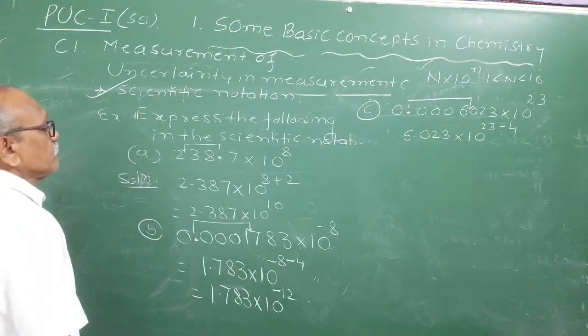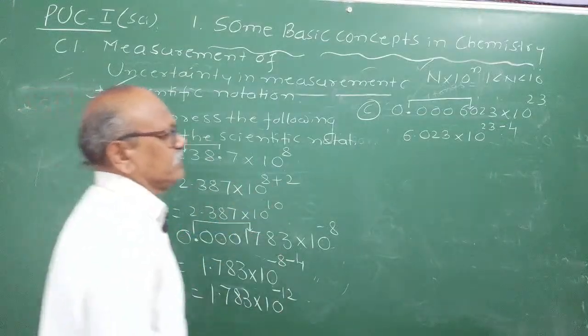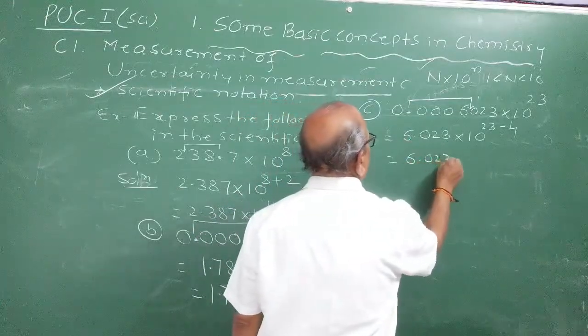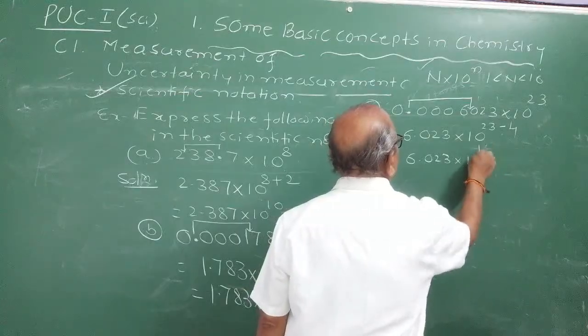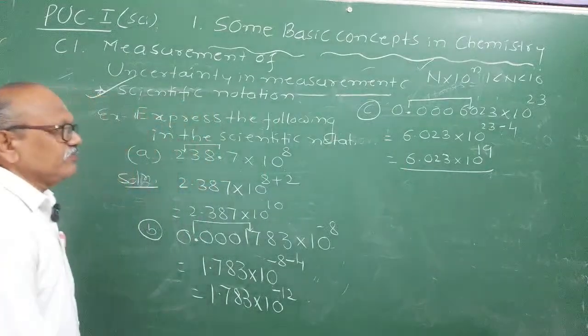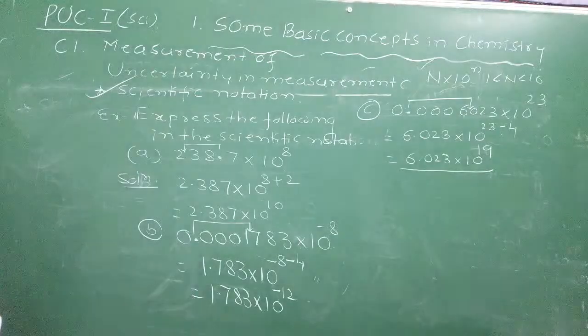Left shift, add; right shift, subtract. That is the trick. So it is 6.023 into 10 raised to 19. Observe carefully. That is how you can use scientific notation.